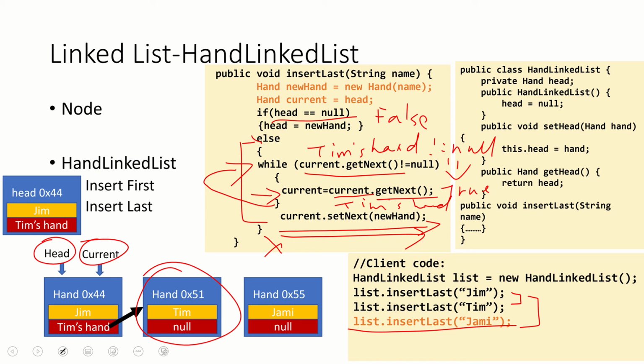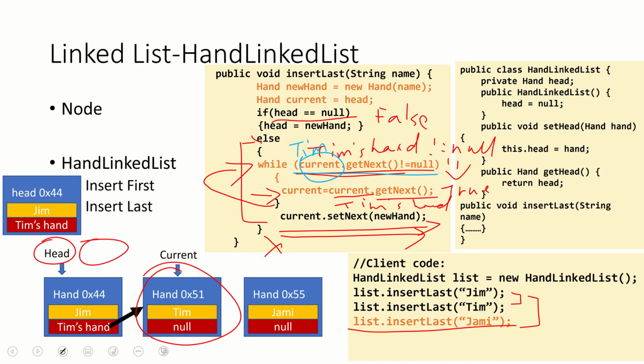So currently this one will return the team, right? Once we go to the team, we check this while loop again, the second time. What's the current? This current is team, right?